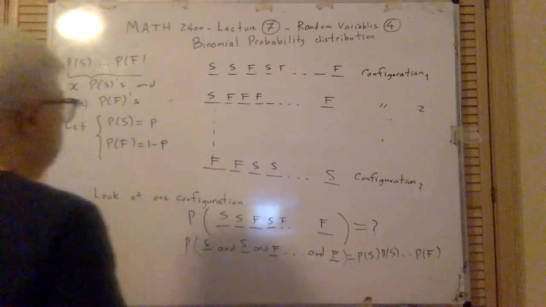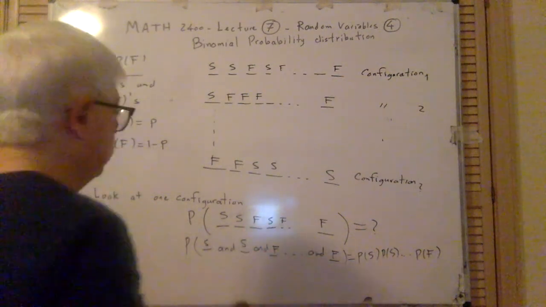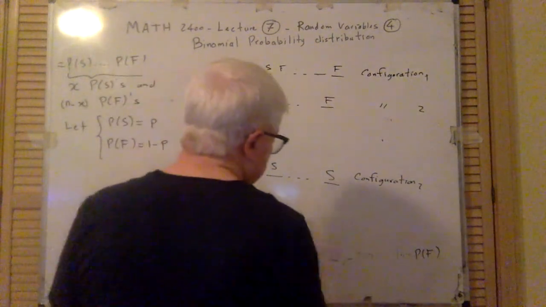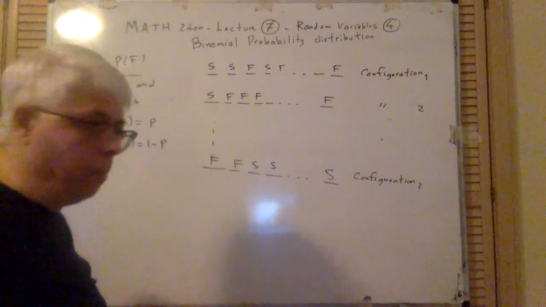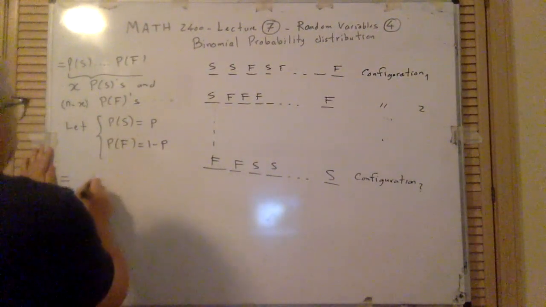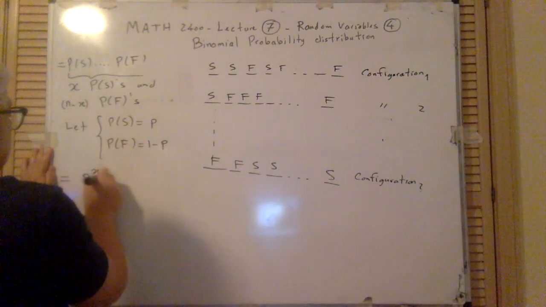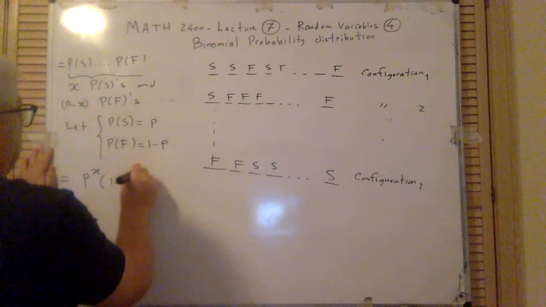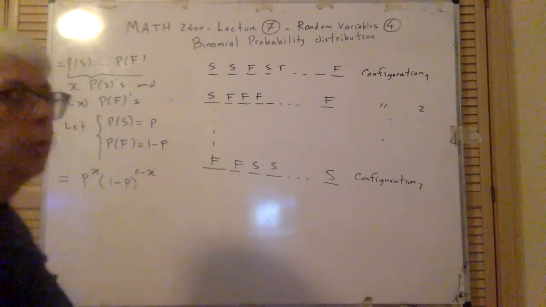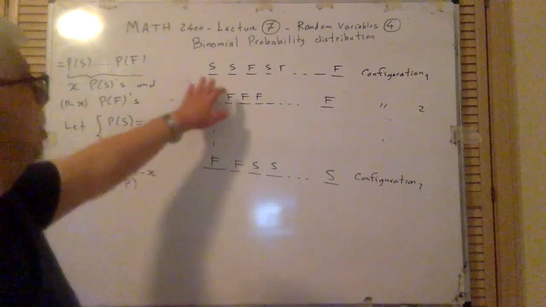Okay? 1 minus p. So the probability of this configuration happening is this. I have X p's, p to power X, and N minus X, (1 minus p)'s. Okay? So the probability of this happening is this.